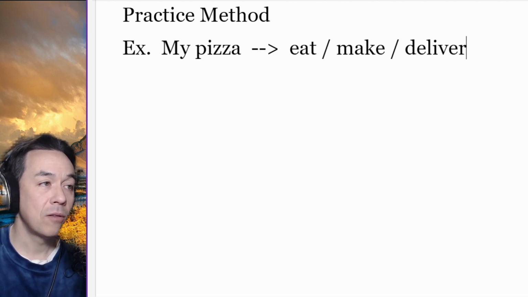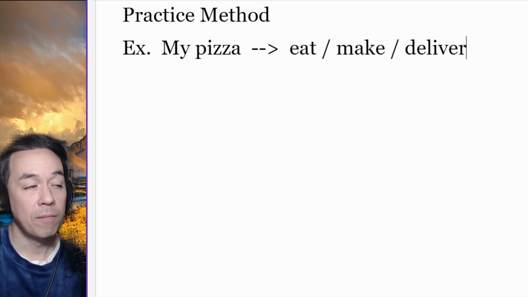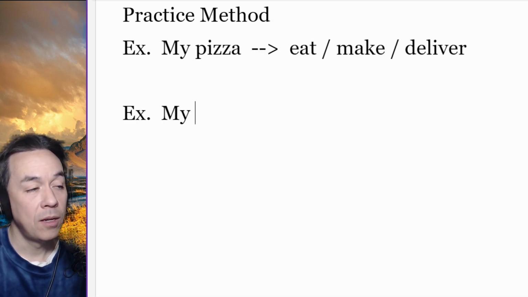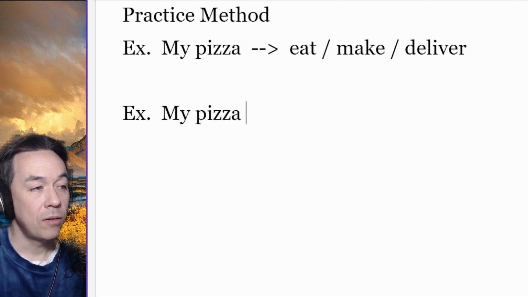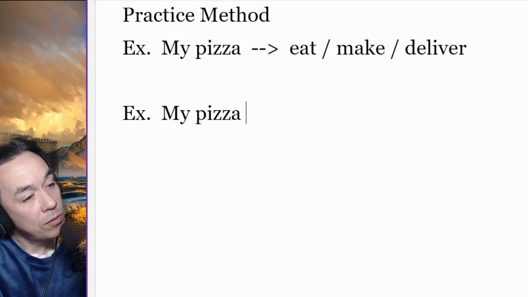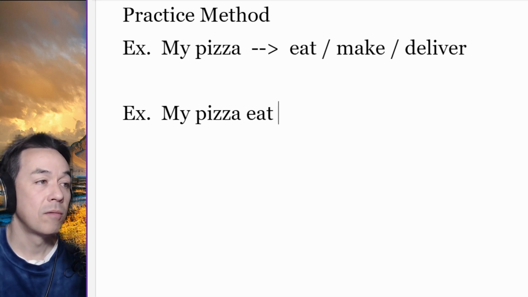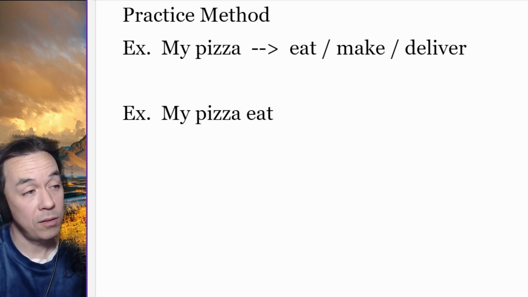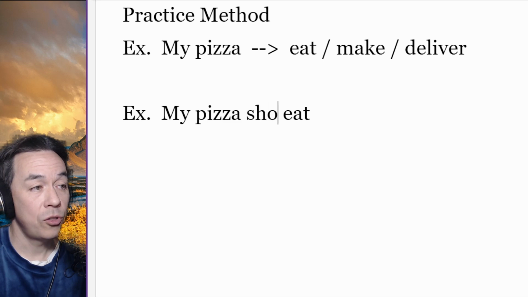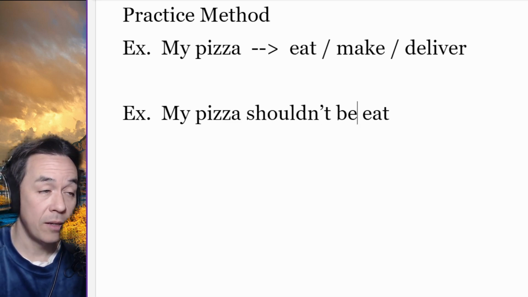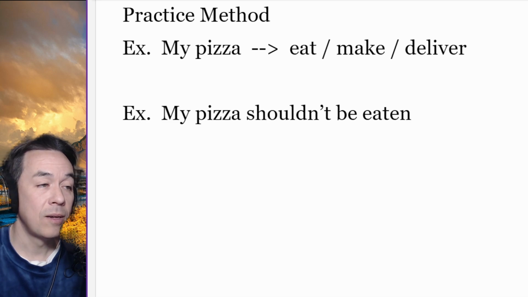Right? So now we're just literally thinking of what words can go with this one pizza. Okay, let's say my pizza. And I'm going to say, let's put eat in there. So now what can I say? I'm going to say, shouldn't be, and now we have to say eaten. My pizza shouldn't be eaten.